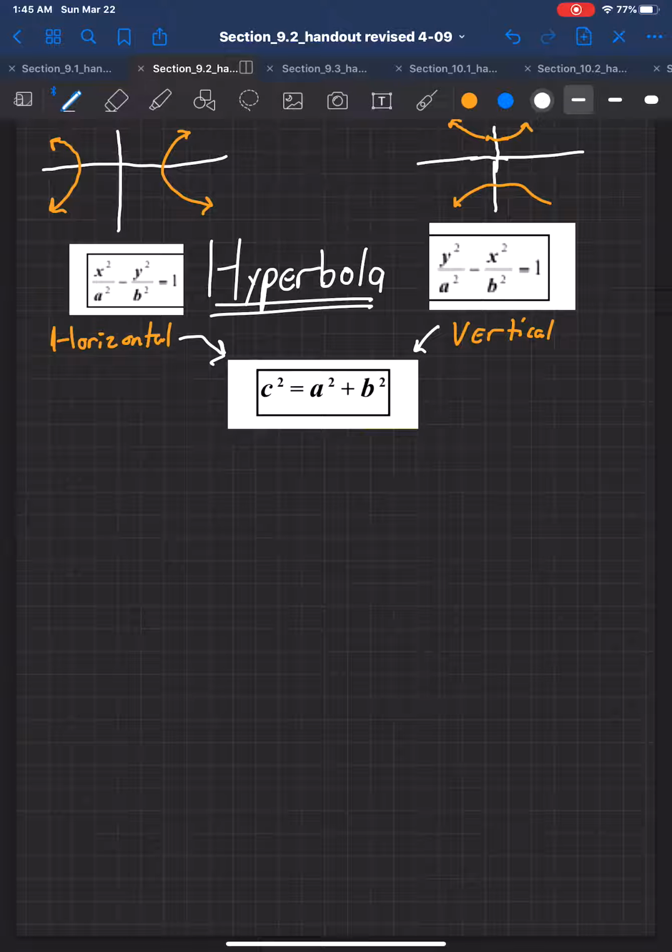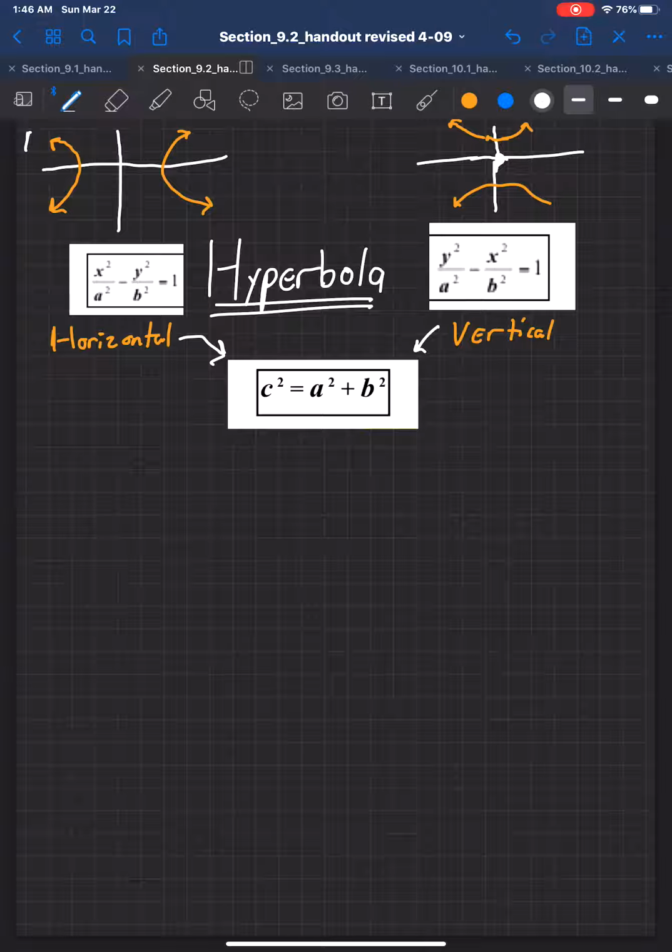Again, we'll start with the idea that it's centered at the origin. The first example we can call a horizontal hyperbola, but what we really mean is that it has a horizontal transverse axis. And notice the branches.